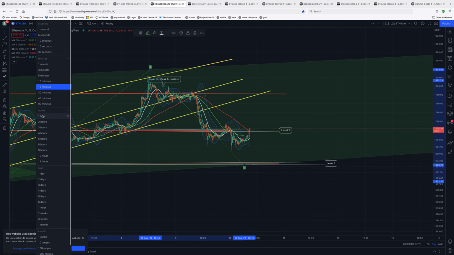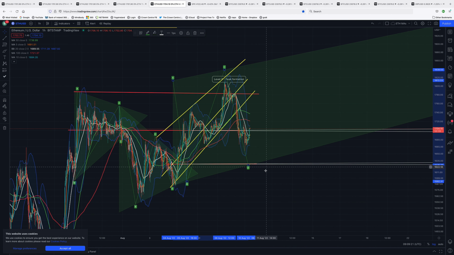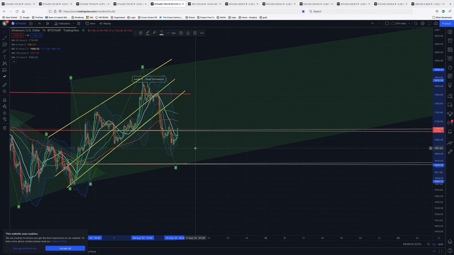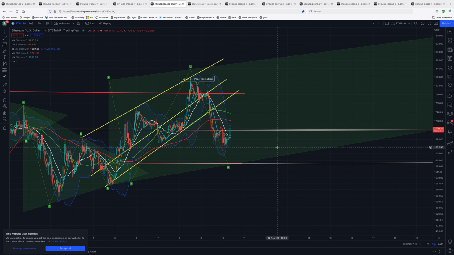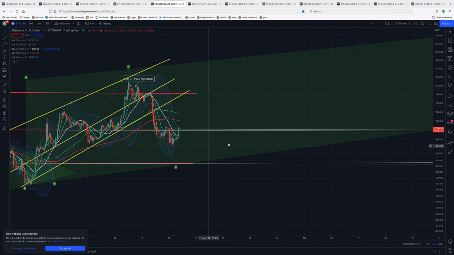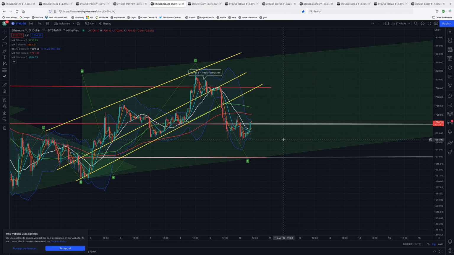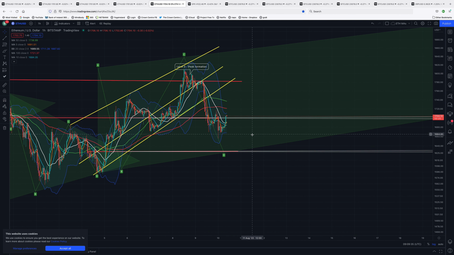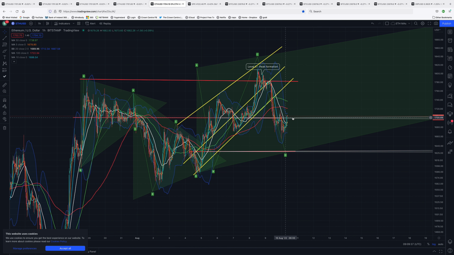Just to change to the 1 hour. At the moment, again, it's a lot higher than Bitcoin in terms of MA support. It's got back above the level 2 support line, which is where this white line is. It still has one level down to go.